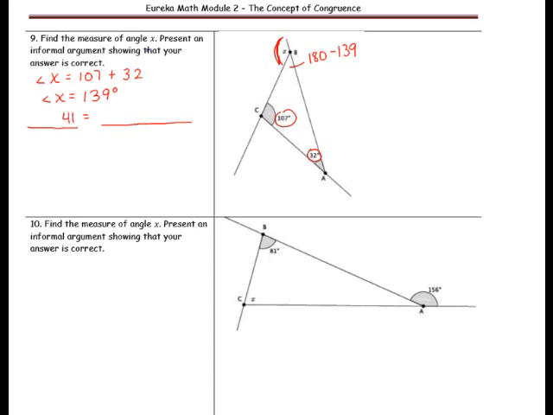So 41 degrees is the third angle. So 41 plus the exterior angle of 139, that gives us the straight angle of 180 degrees. And then the three interior angles are 41 plus 107 plus 32. And this equals the triangle sum of 180.